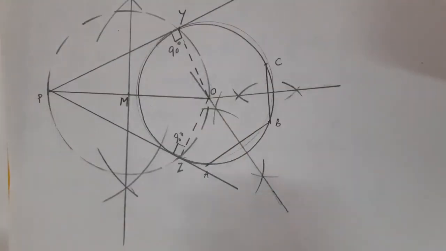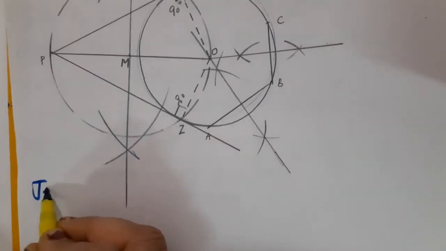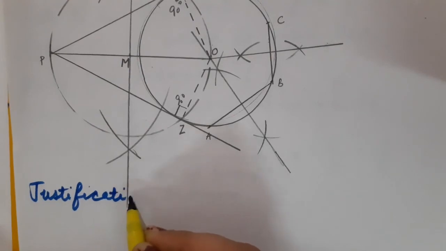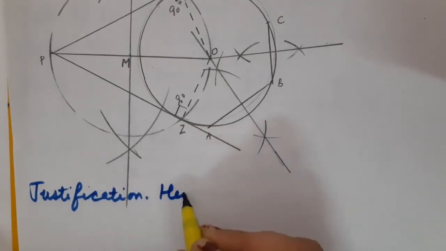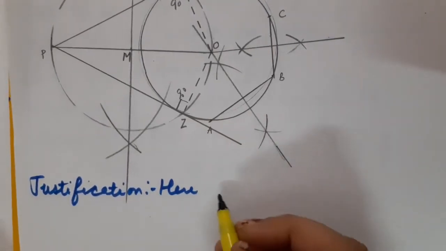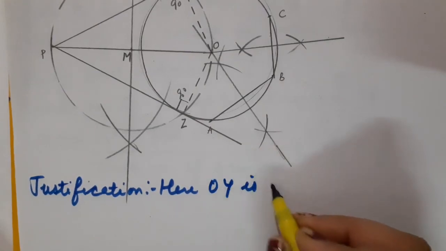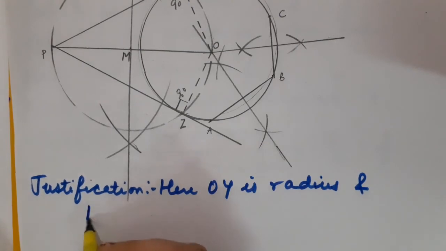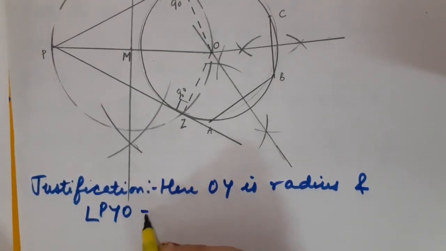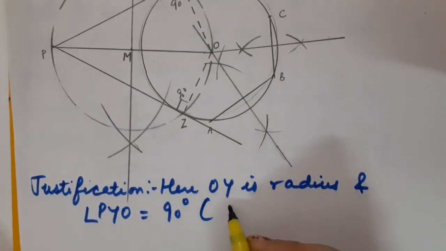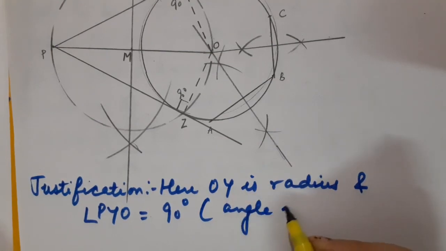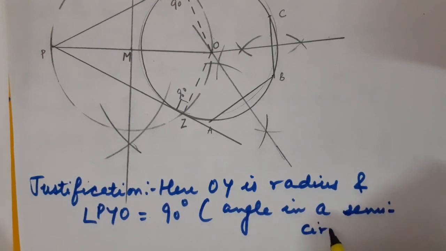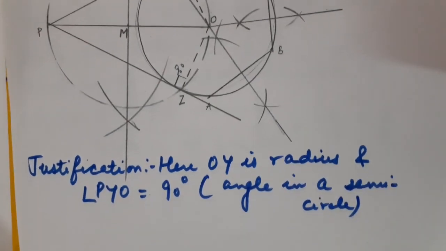So what we are supposed to write in the justification here, OY is radius and angle PYO is equal to 90 degree. Reason, angle in a semicircle. Fine.